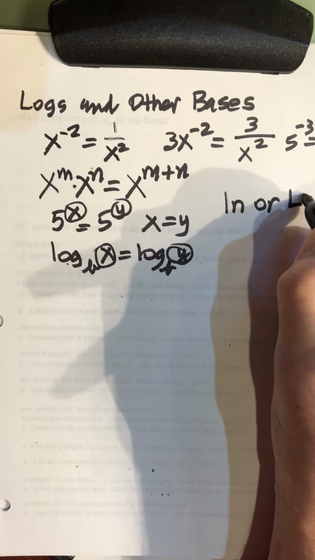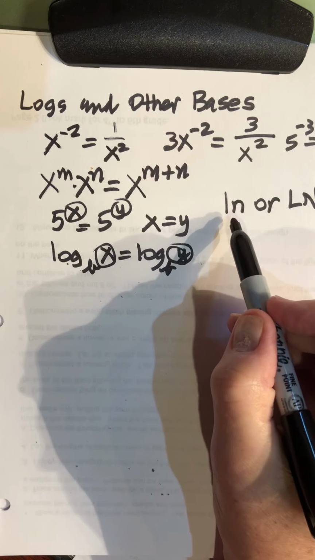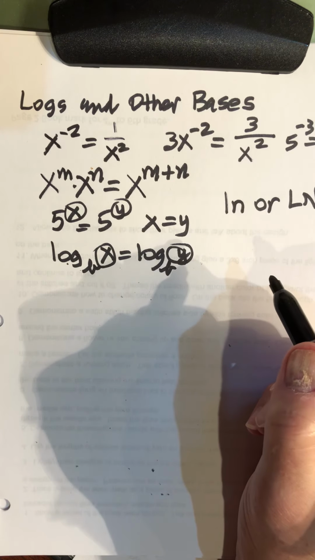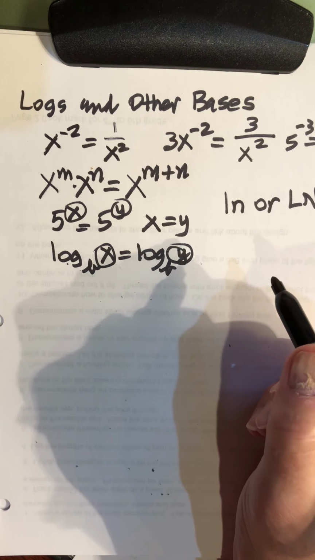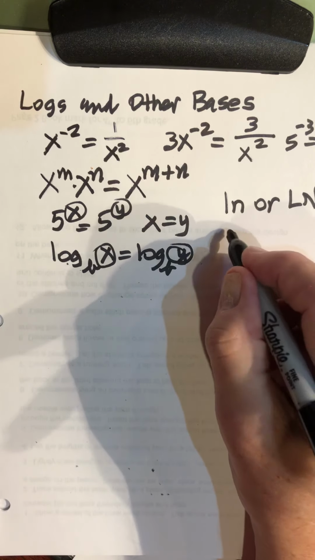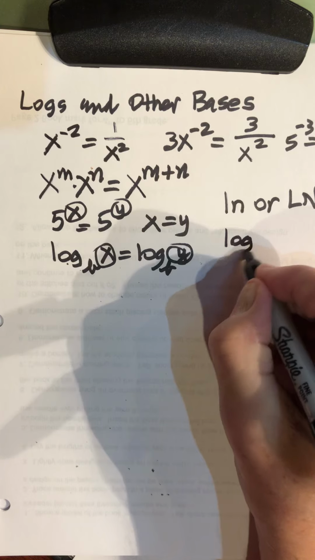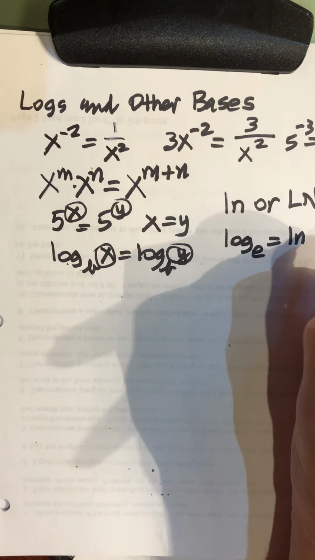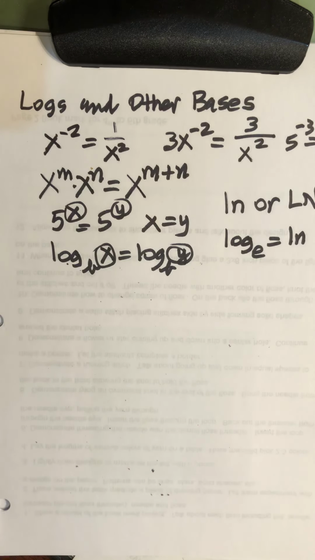Okay, there's another thing called natural log. That's usually written with small case letters ln. And all that is, we talked about the natural base of e, so log base e equals the natural log, and that's how you write it, just ln.